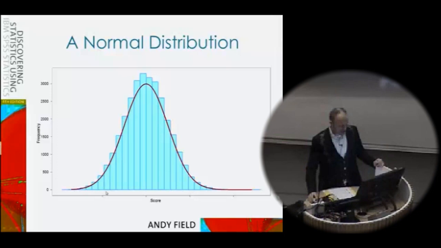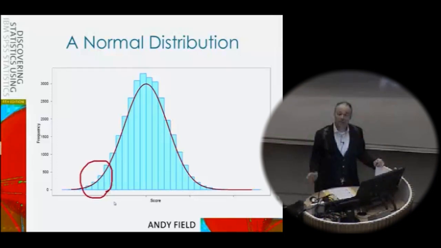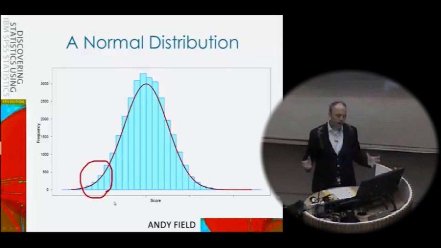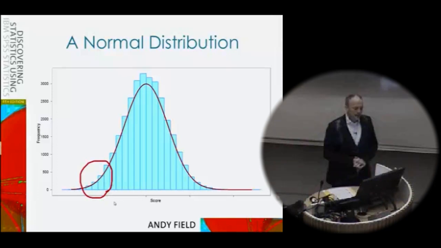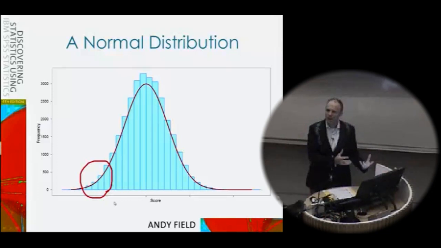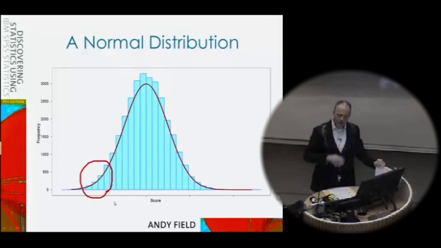So you get a very characteristic shape where small scores don't happen very often, so the bars are quite low at the low extreme. Imagine this was the age at which you die. That's a bit of a depressing example, but it sprung to mind. Not very many people die very, very young, so you'd get only a small cluster of people there, thankfully.